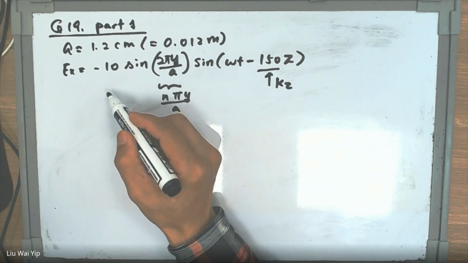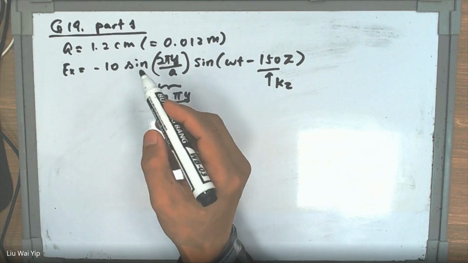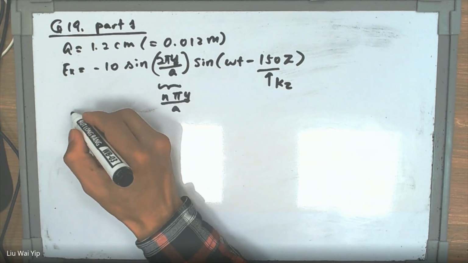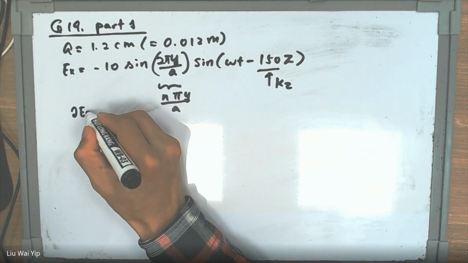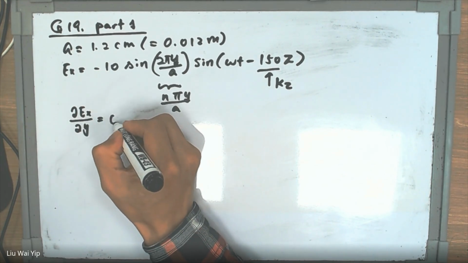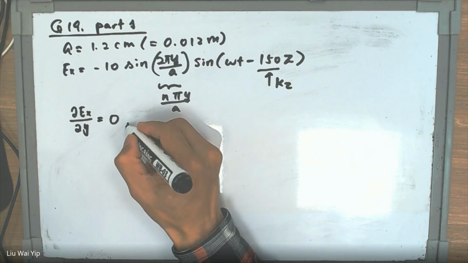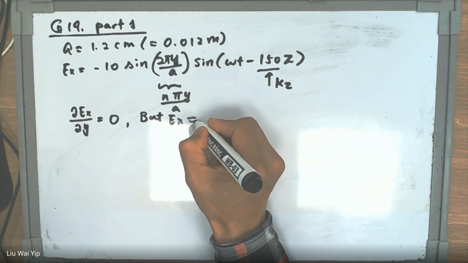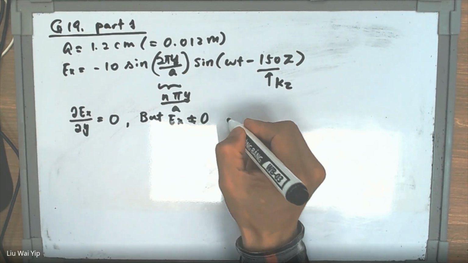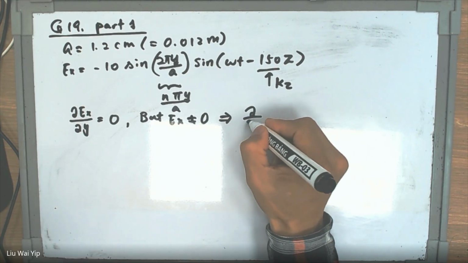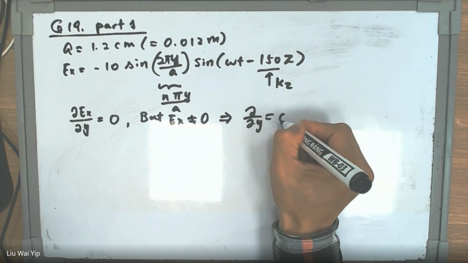M is equal to 0 because if you do partial x, Ex is not equal to 0, so partial x is 0.